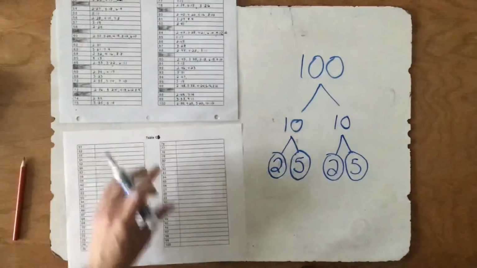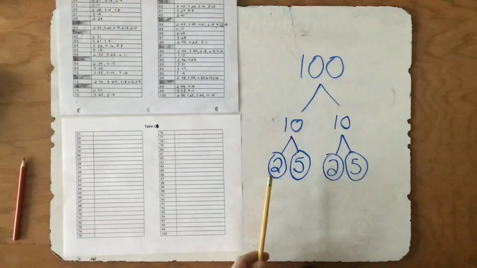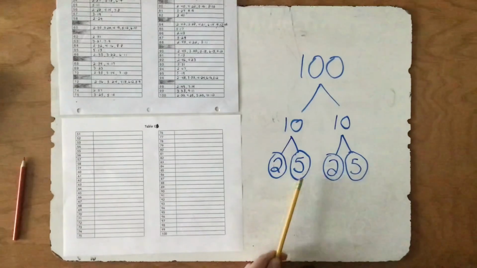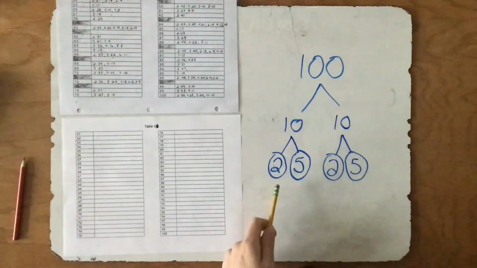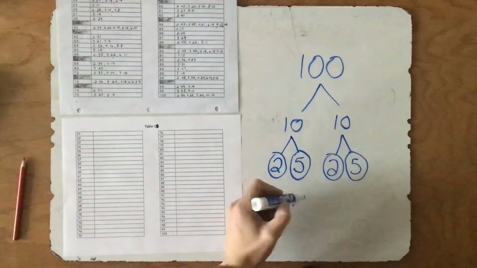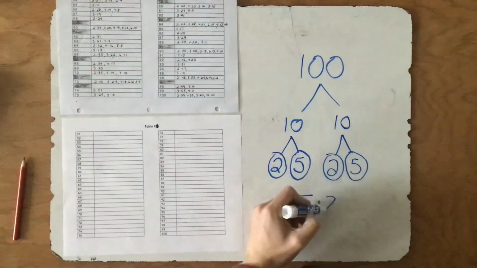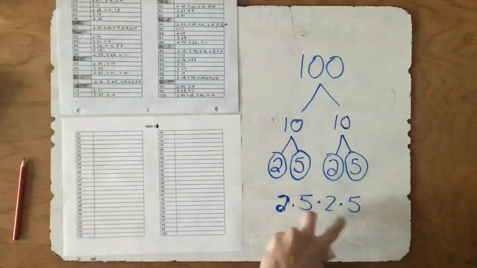Now we're at dead end, so we can write in our answer. This is where I want you to make sure you write it in correctly. We would write 2 times 5 times 2 times 5, but I want you to put like terms together. So instead of writing on the paper 2 times 5 times 2 times 5, I want you to put the 2's together and the 5's together.